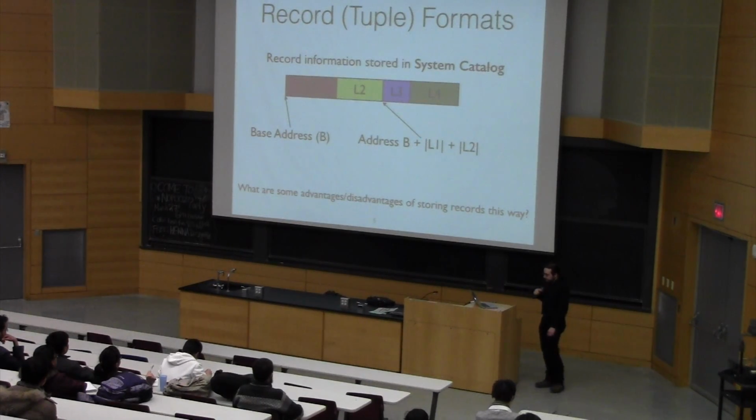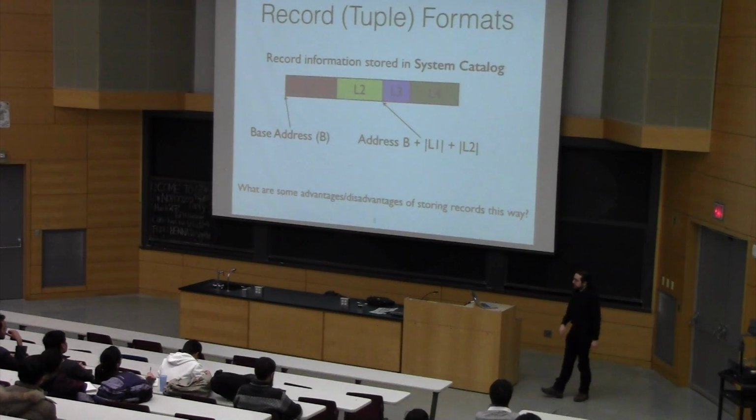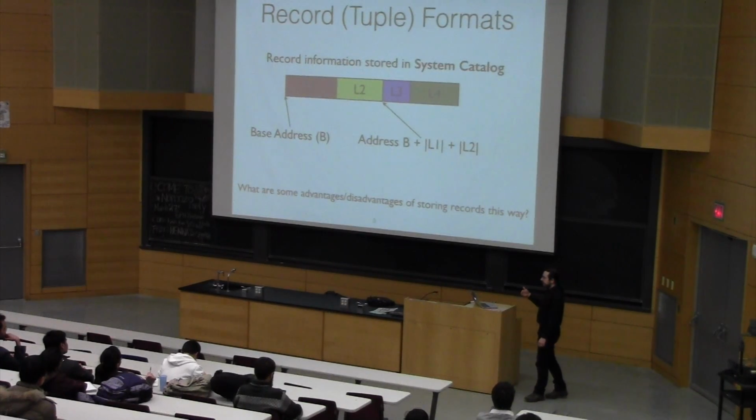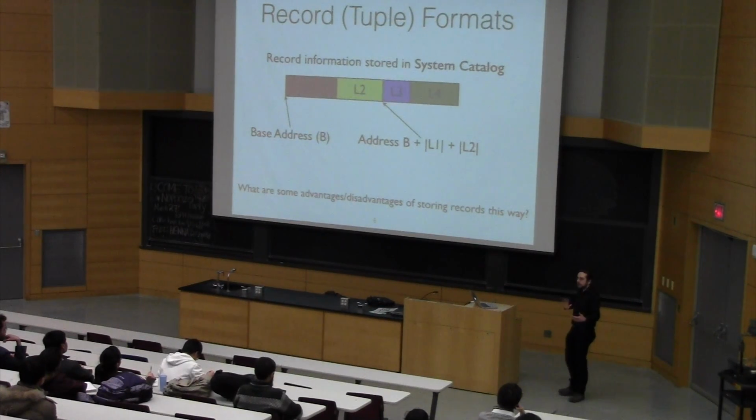So if I want to access the blue record, L3, I just add the start of the tuple to the size of the first two records, and that tells me exactly where the record begins. This is potentially quite a bit faster because, if I need just record 3, I don't have to scan through the entire tuple looking for a delimiter.